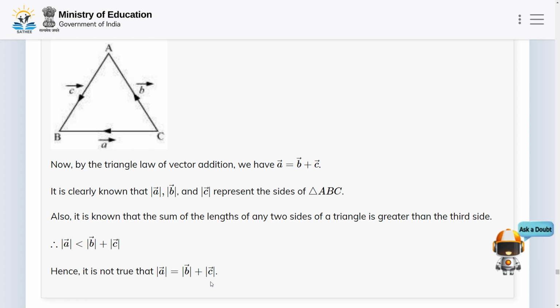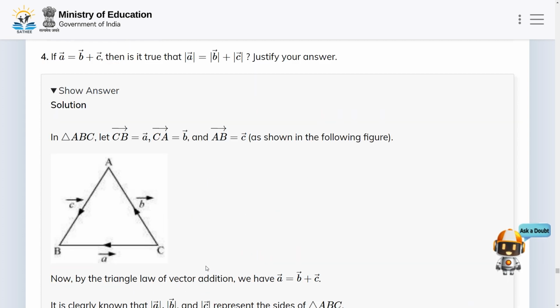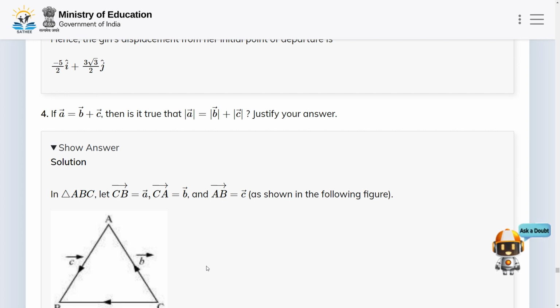So it is not true that they are going to be equal to each other, as we are assuming that a, b, c are non-zero.